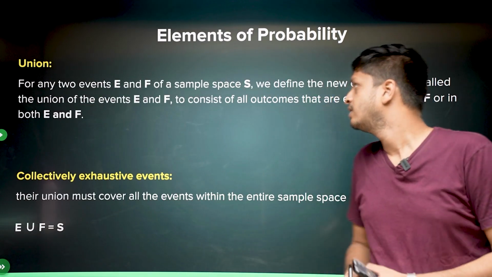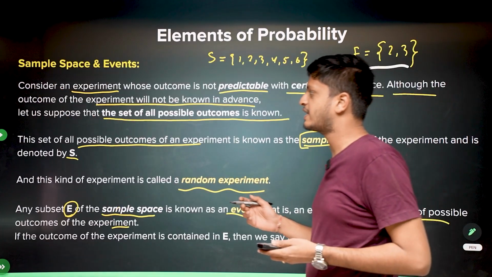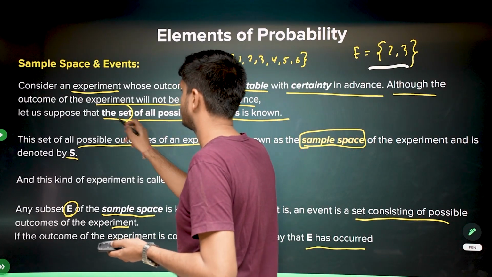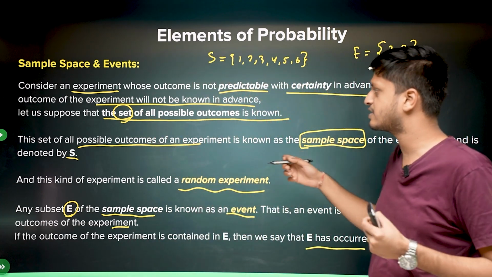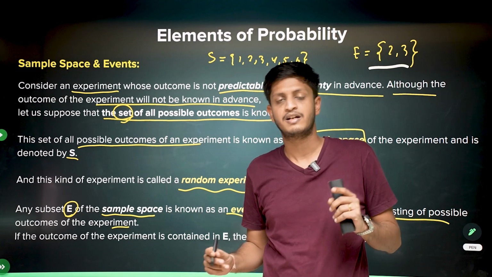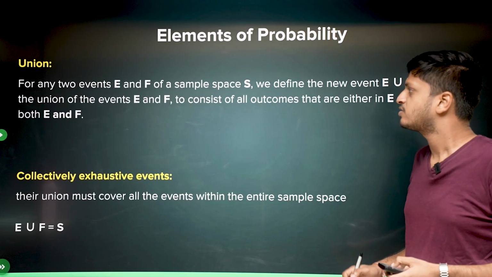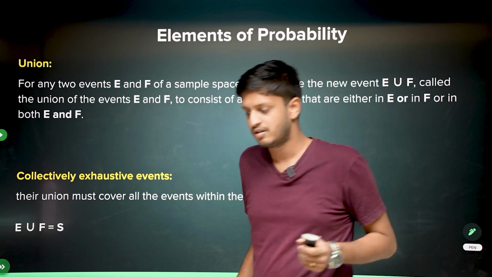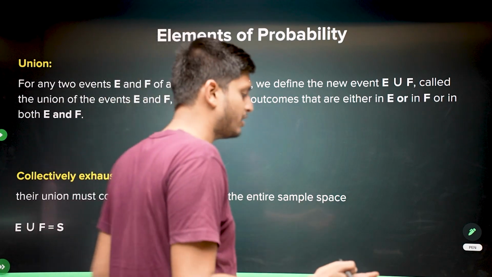Cool. Now we will see some elements of probability. Since everything is related to sets, right? Everything is related to a set in probability. Like the entire universe is also a set, which is called the sample space. And an event is a subset of the sample space. So now there are a few notations which are very common, known from set theory.